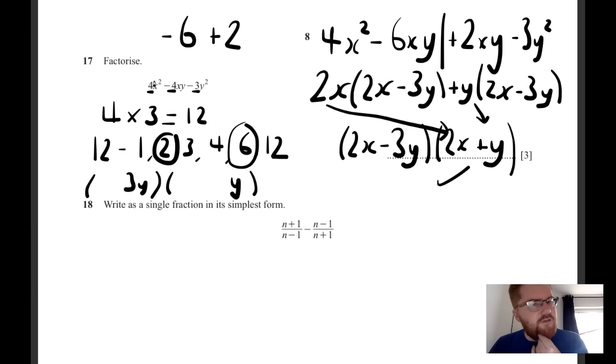Then we have 4x squared. Now, because this is quite a low b term compared to the 4 and the 3, that's something you get by intuition. This 4x squared is probably 2x times 2x, so it kind of balances more. That's a bit vague, but that's the way I tend to think about it. So it's probably 2x here and 2x here.